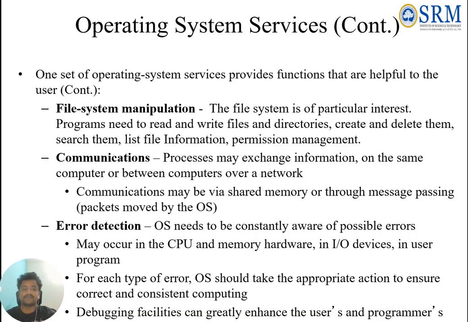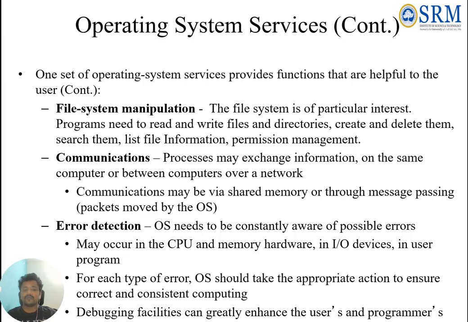Next is error detection, where the OS is constantly aware of abnormal activity based on the possibility of errors. If an error occurs, appropriate action has to be taken to keep the system correct and consistent, using the services offered by the OS.